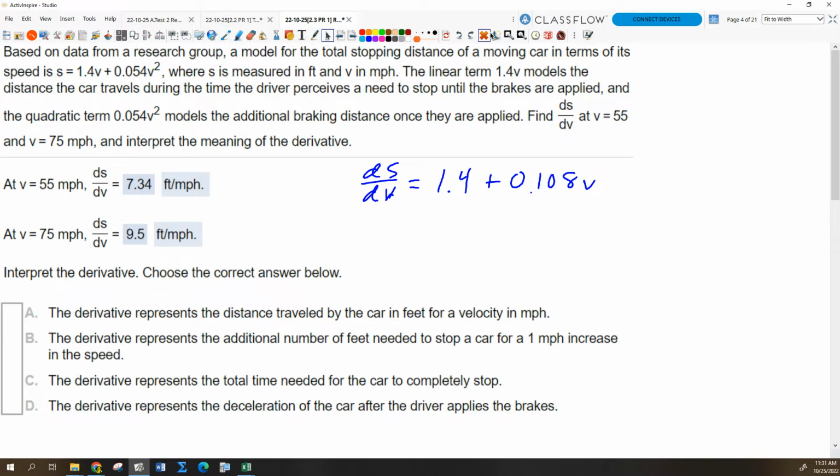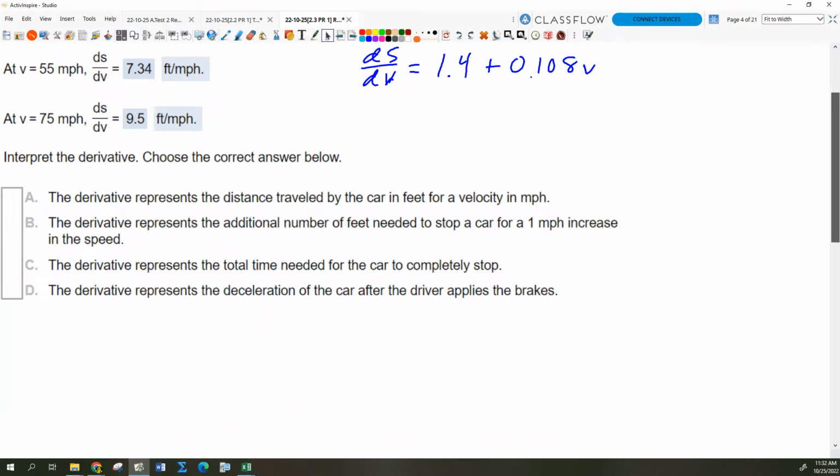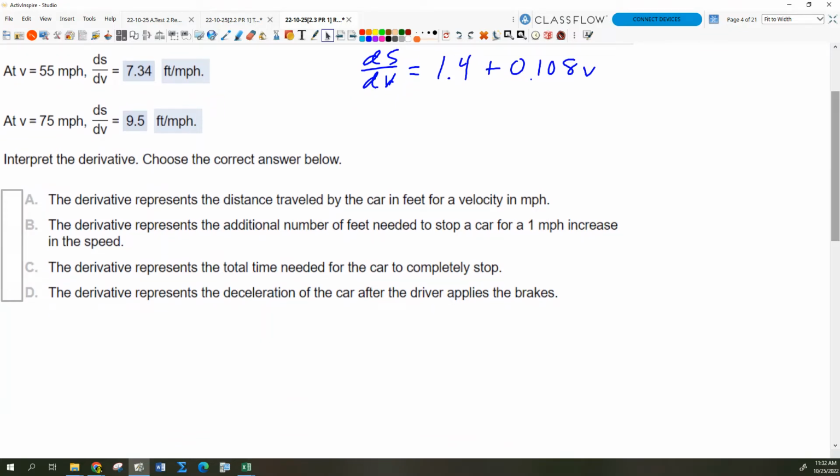Okay, so now let's try to interpret this a little bit. This is kind of a general way of interpreting this, but let's just have a brief discussion about how valid this really is. So interpret the derivative. What's that mean? Let's just go through these. You guys look at them for a second and tell me, what do you think? A, B, C, or D?